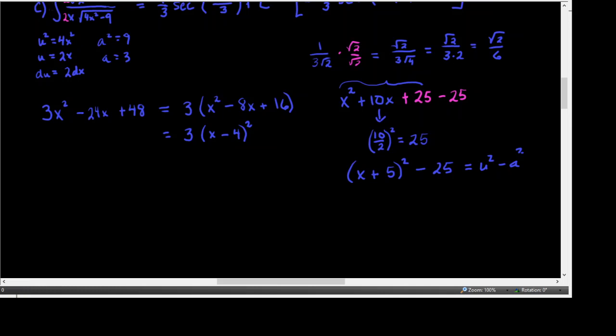Okay, so let's look at another example. The integral of dx divided by x squared minus 4x plus 7.